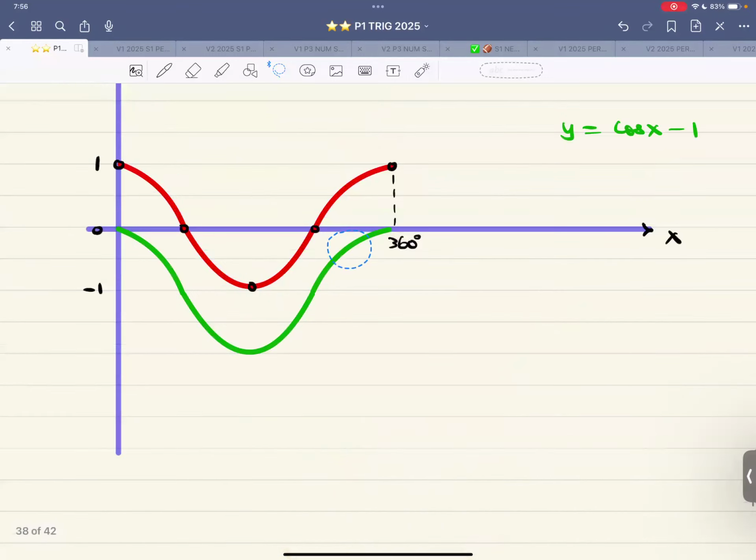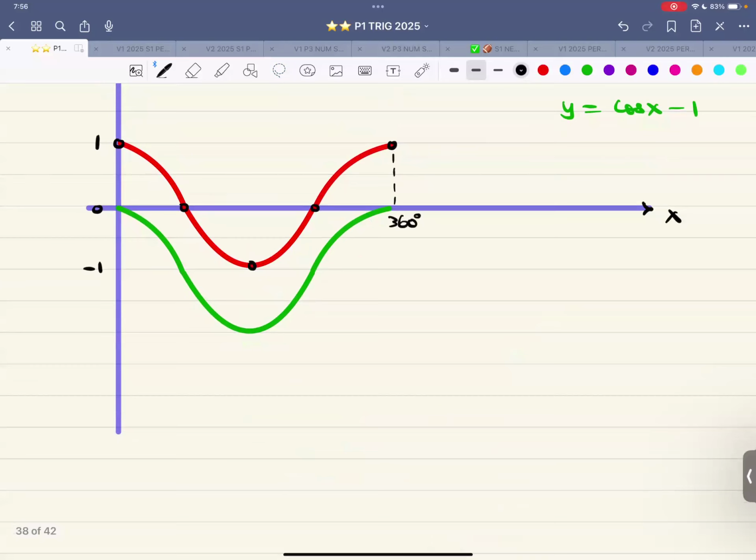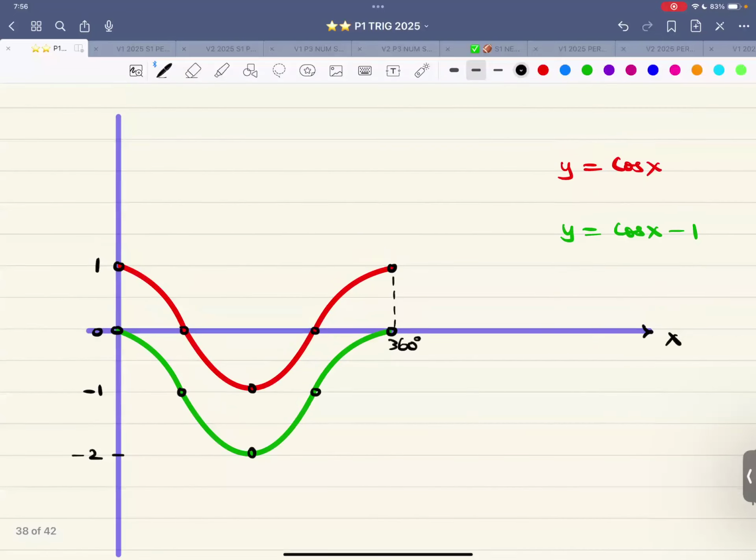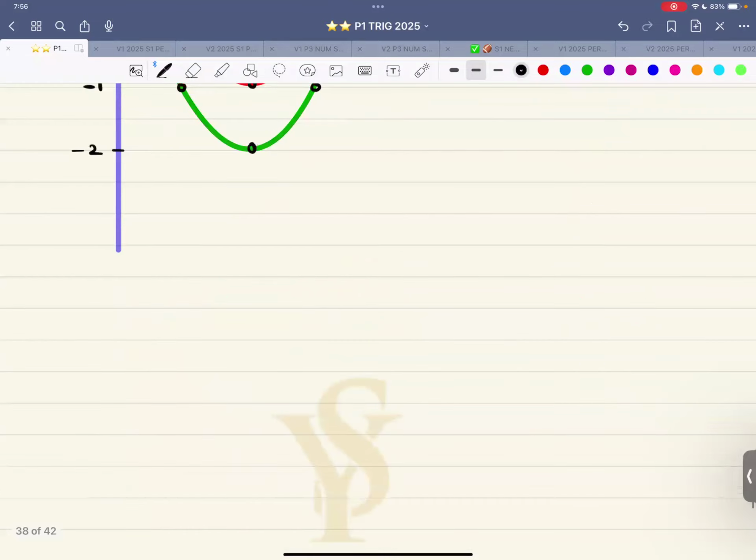Got the idea? So now the 5 major points, 1 has transferred to 0, 0 has been transferred to -1, -1 has been transferred to -2. So that is how the graph of cosine x minus 1 is drawn.